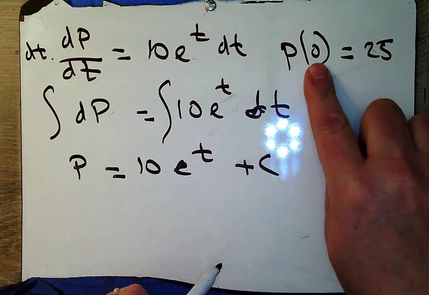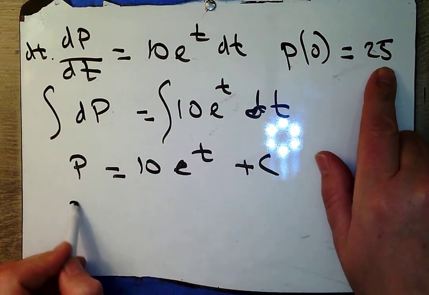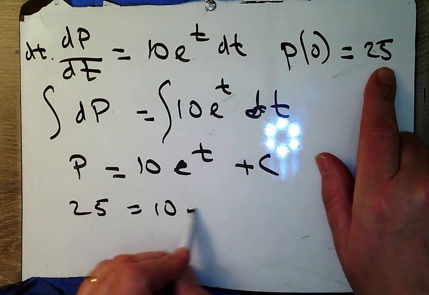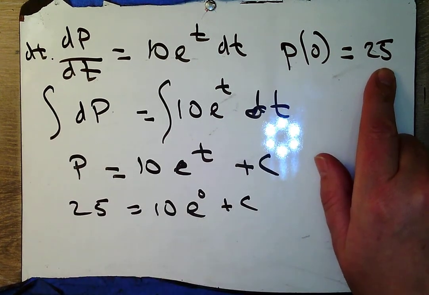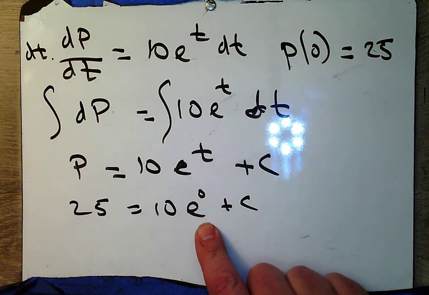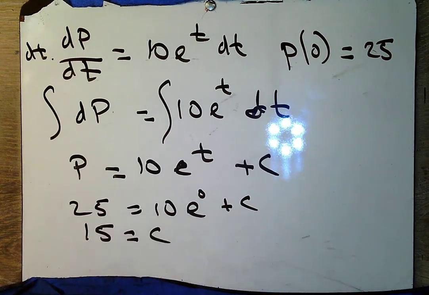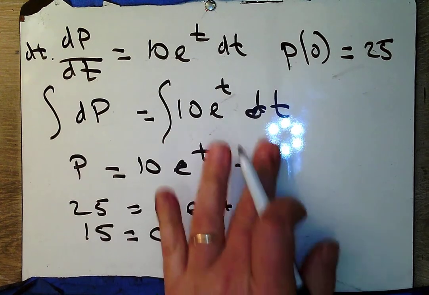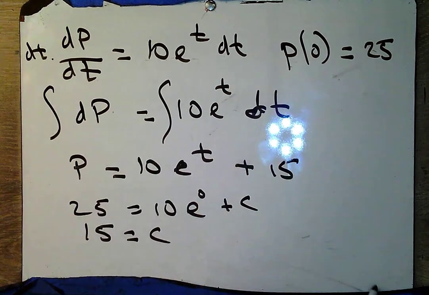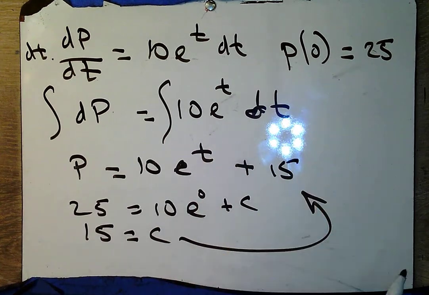I plug in a 0 for t and a 25 for p. Wow, e to the 0 is 1. So if I subtract 10 from both sides, 15 equals c. So let's plug that value back in. And now we're done. An arrow might be useful here. Don't box your answers.